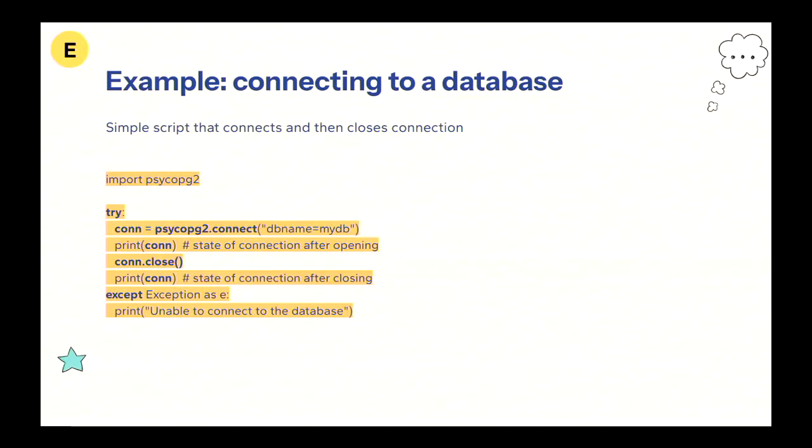So as you can see, if the connection fails, it will return us an exception. So we can use try except to wrap the entire chunk of code, and inside this code we can use connect to get the connection object.